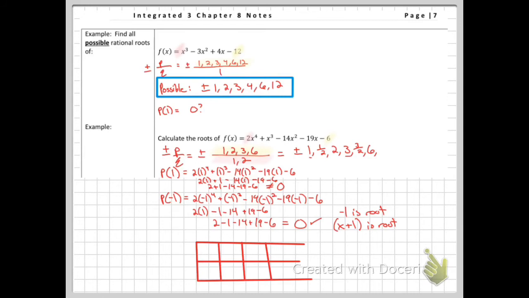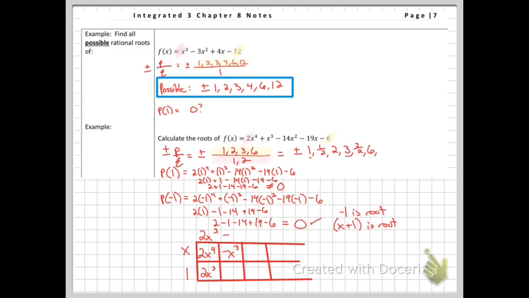Okay, so we have x plus 1. This is supposed to work. And we're dividing into that polynomial at the top, right? So it starts with 2x to the 4th. So in order to get 2x to the 4th, I need to multiply by 2x cubed times 1. My x cubed coefficient is just positive 1. So I need to have negative x cubed.